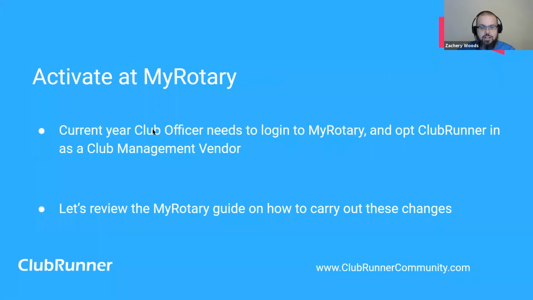All of the integration options for Rotary, like the initial turn on, are at Rotary International, and only a current year, as in right now your 2021 officers, can go into My Rotary and make those changes.